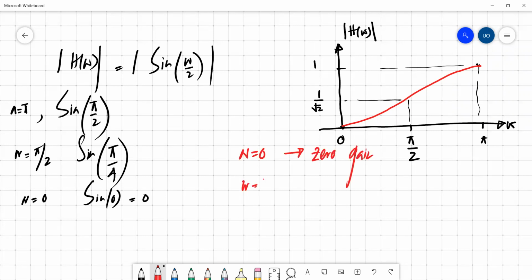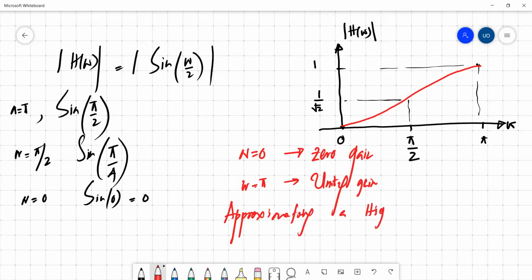When omega equals pi, it has a unity gain. So what would be the filter characteristic of this one? This is approximately a high pass filter, isn't it?